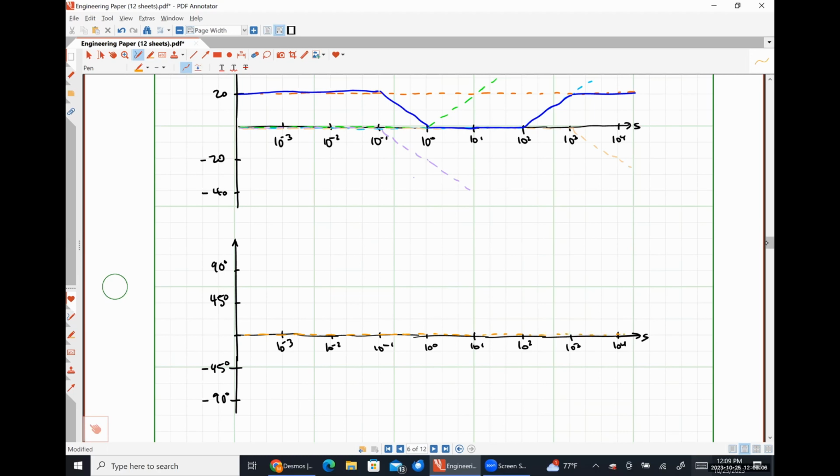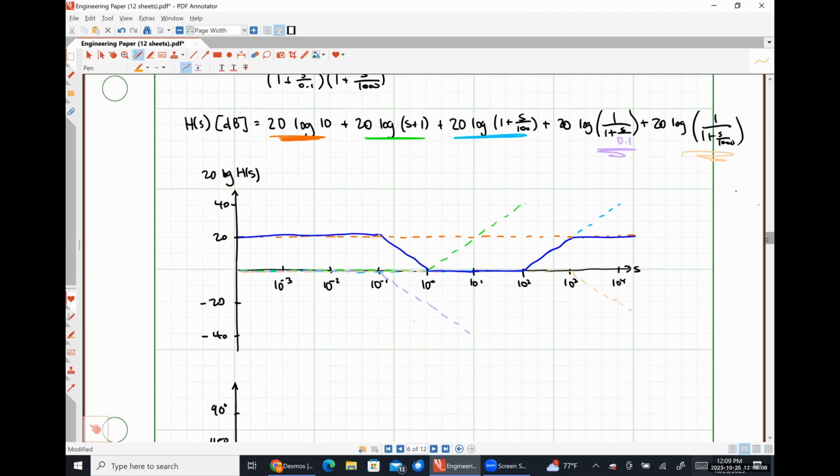Then I have that contribution from my first 0, so I was using bright green for that. So I should see that it's 0 until 1/10, and then positive 90 degrees at 10.